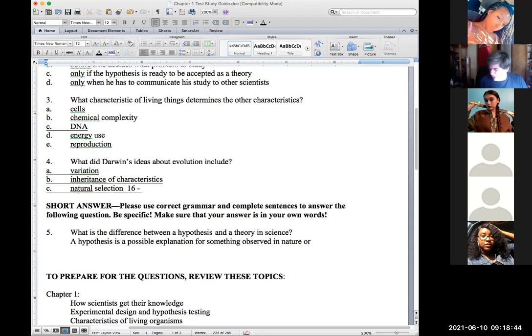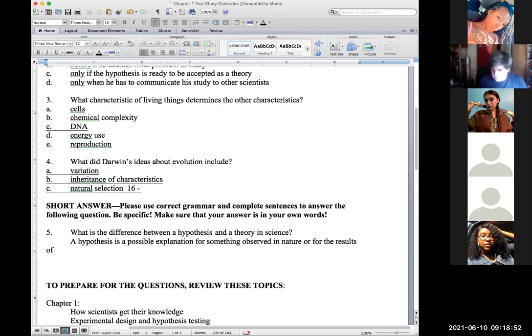Something observed in nature, or the results of a previous experiment. Remember, we said that's basically where the ideas for a new experiment come from.